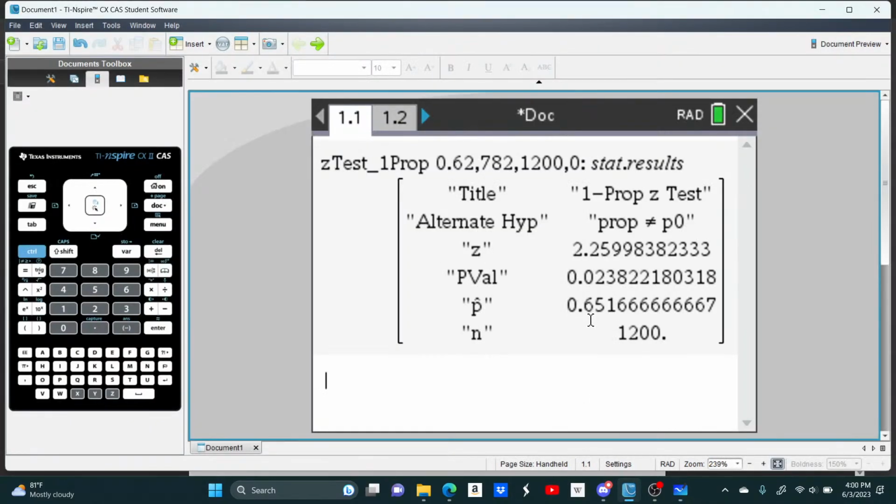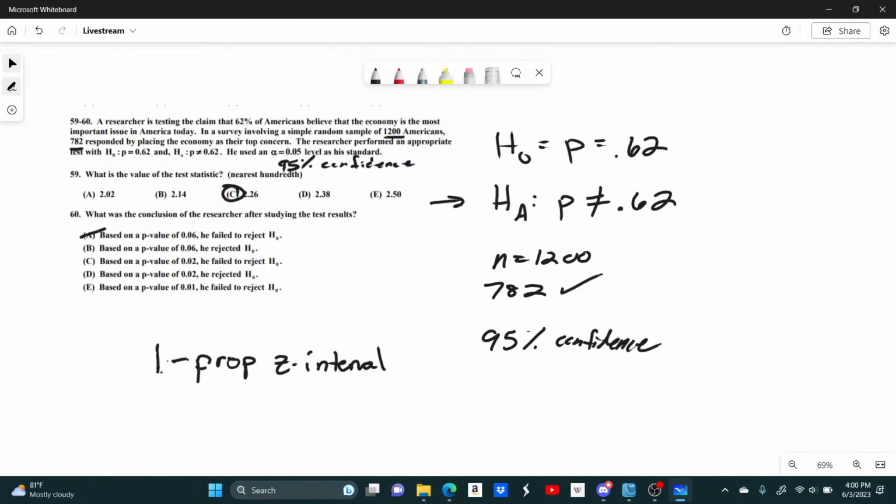Okay, so we get a p-value of 0.02. Well, does that mean we're going to reject or fail to reject the null hypothesis? Okay, so we can get rid of these first of all. So does that mean we reject or we fail to reject? Since 0.02 is less than the 0.05, which it gives us as the significance level for the alpha value, then that means we are going to reject the null hypothesis.